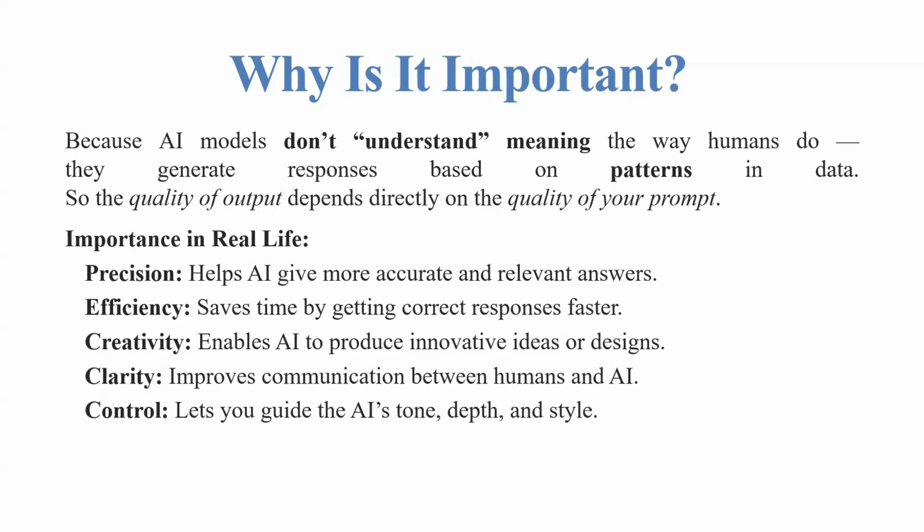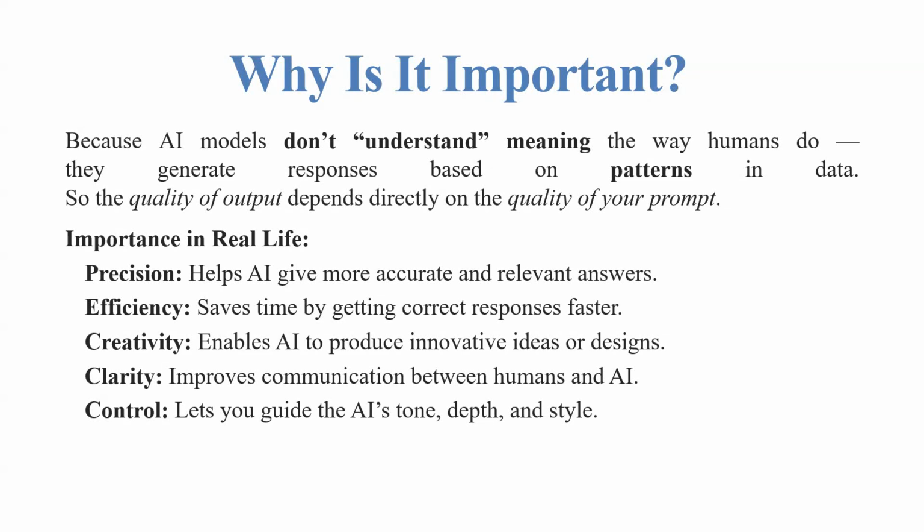For example, if you simply say, explain machine learning, AI doesn't know whether you are a school student, a college student, or an experienced software engineer. Now imagine if you say, explain machine learning to a 10-year-old child using simple language and real-life examples. Now the AI clearly understands the audience and adjusts its explanation accordingly. So this makes the communication much more effective.